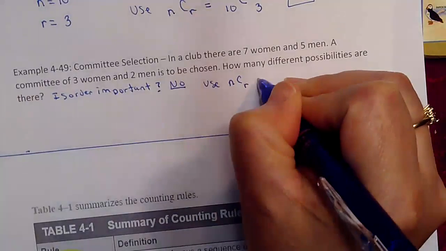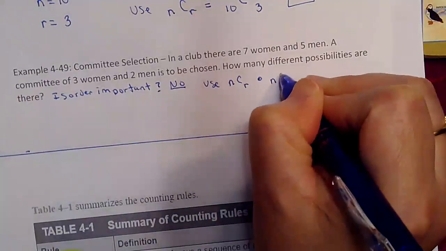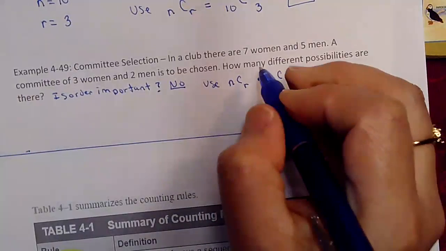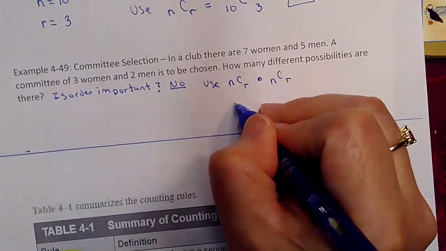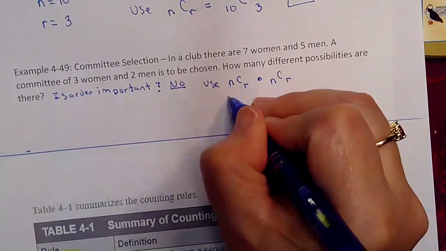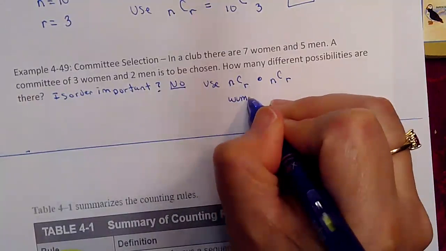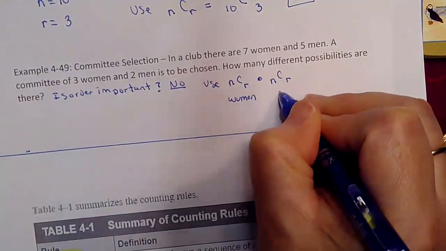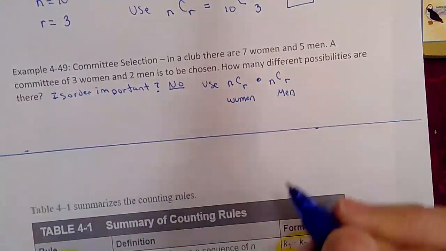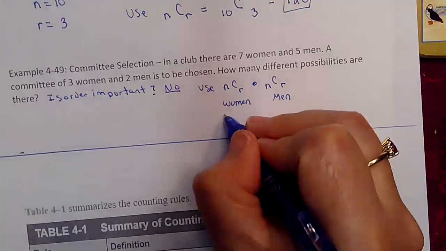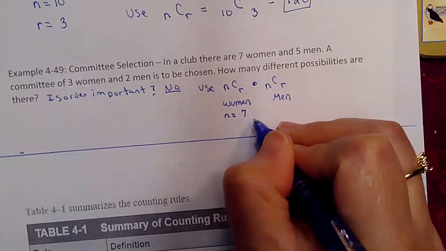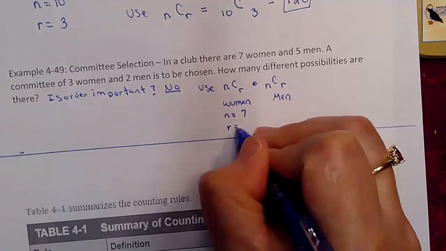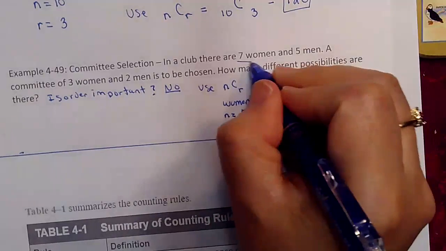nCr times nCr. The first one has to do with the women, and the second one has to do with the men. On the women, there were 7 women, and on the r, you're going to choose 3 of them.